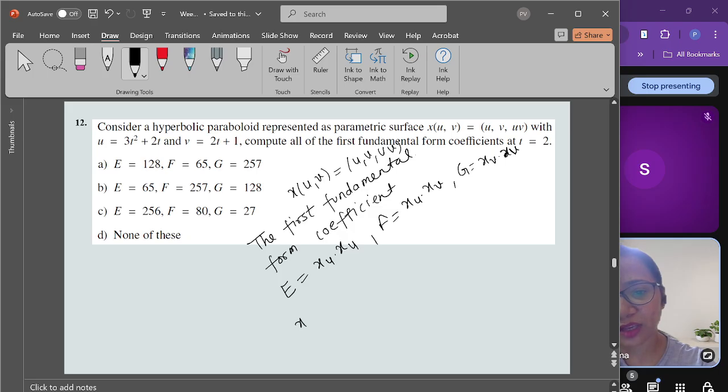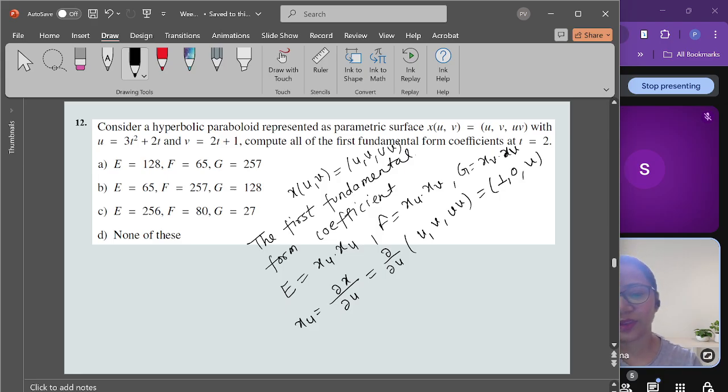So that is x_u, which is del x divided by del u. Taking the derivative of (u, v, uv), you will get (1, 0, v), right?